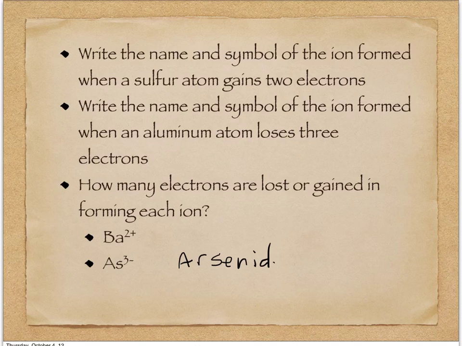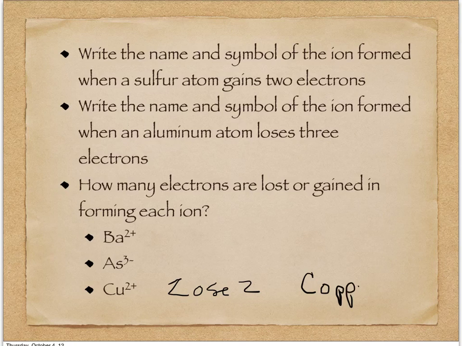This one would become arsenide, and it's going to gain 3. Or if we have copper 2+, well, it's going to lose 2. It's just called the copper ion.